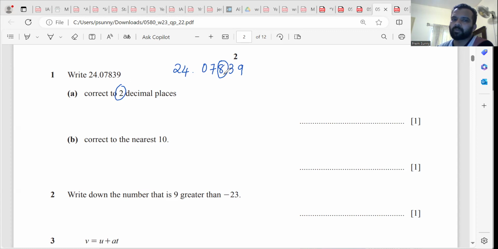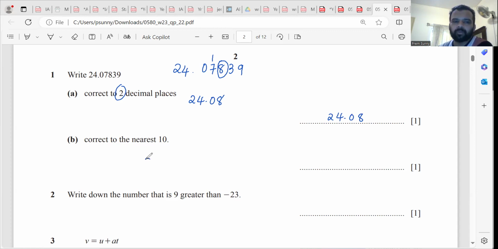If it is 5 or more than 5, you add 1 to the previous digit. If it is less than 5, you leave the previous digit as it is. So here, since the third digit was more than 5, I will be adding 1. So this will become 24.08. So 24.08 will be our first answer.